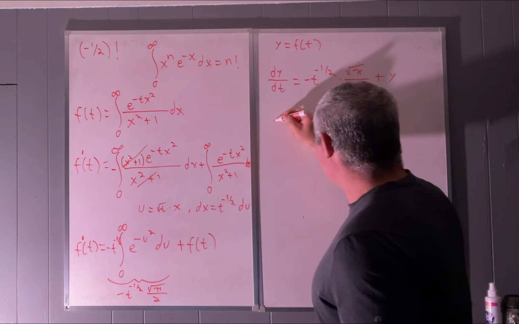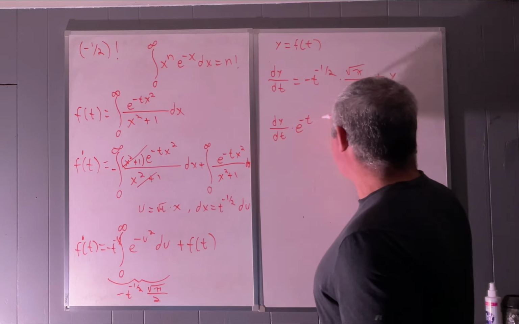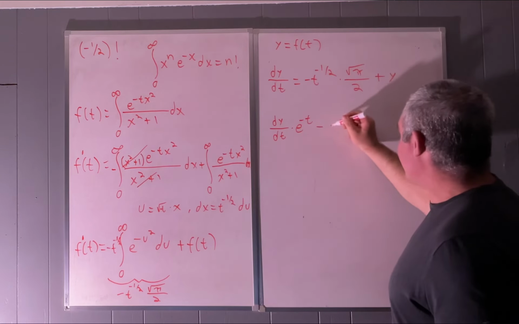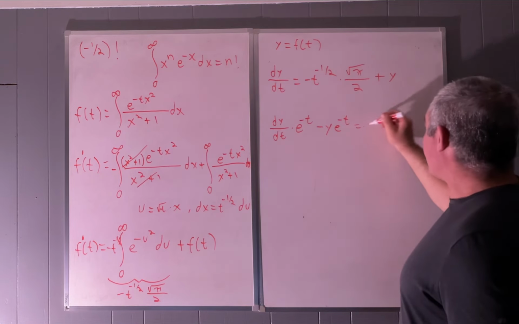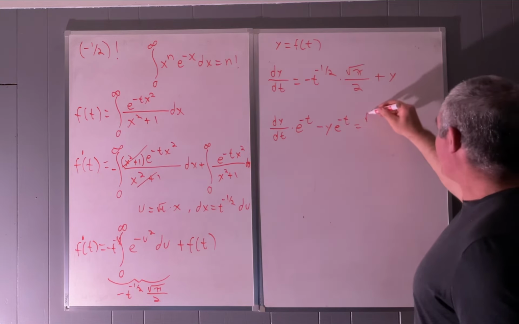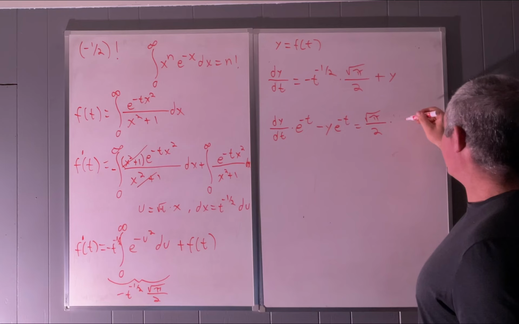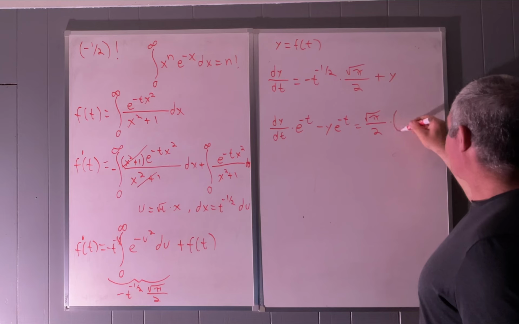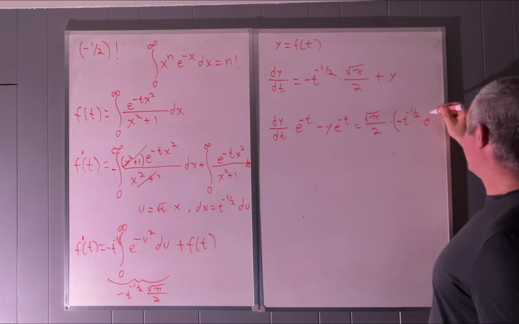We're going to get that dy dt times e to the negative t, and then let's see, minus y times e to the negative t is equal to the square root of pi over 2 times, let's see, this is going to be negative t to the negative 1/2 times e to the negative t.